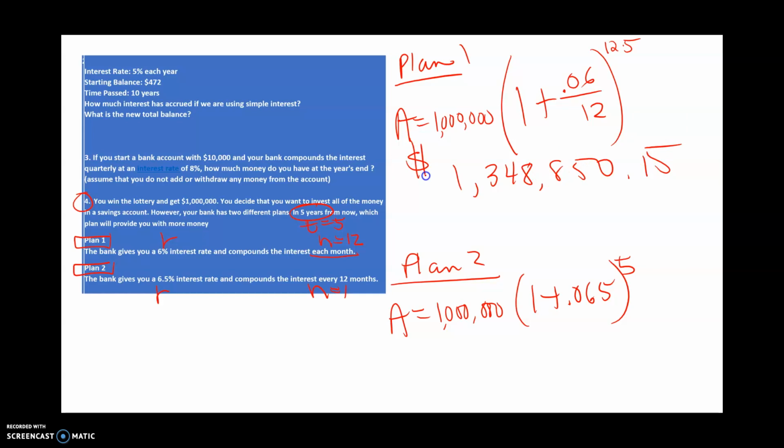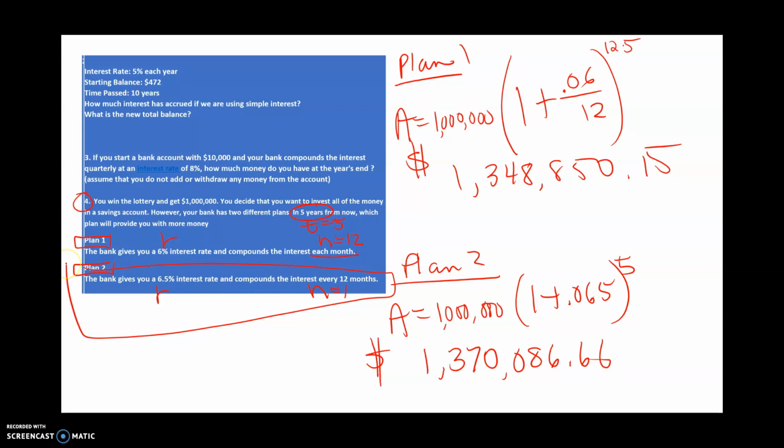All right, now let's do the other. 1.065, which I'm raising to the 5. Notice I make more money in plan 2. Which plan do I want to use? I want to use plan 2.